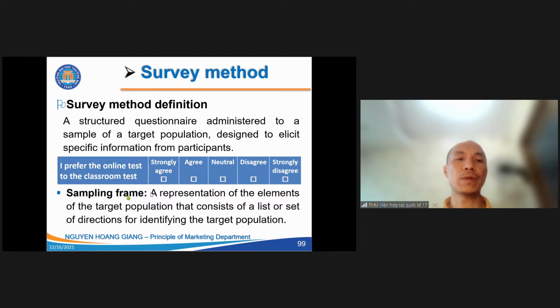But sometimes when we ask people about how they think or how they determine anything, then we can use a scale like this one. For example, the question, I prefer the online test to the classroom test, and we have 5 choices for the customer, but you can also change it into marks from 1 to 5.